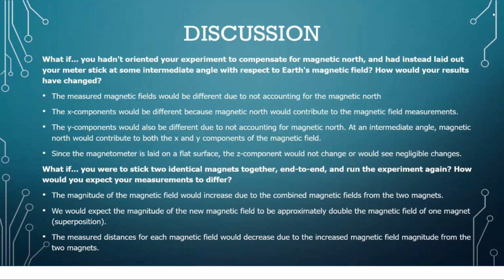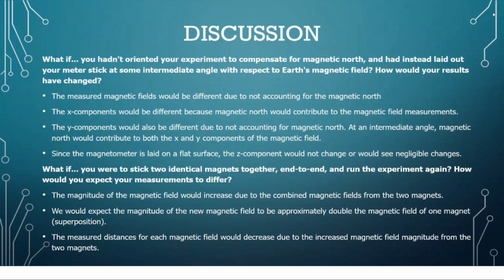At an intermediate angle, magnetic north would contribute to both the X and Y components of the magnetic field. Since the magnetometer is laid on a flat surface, the Z component would not change or would see negligible changes.